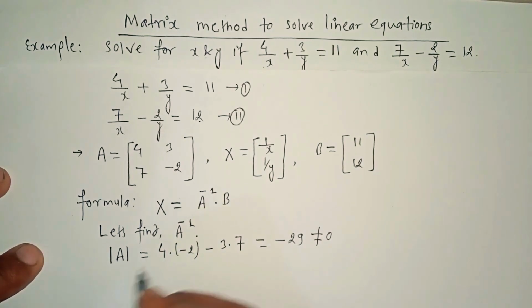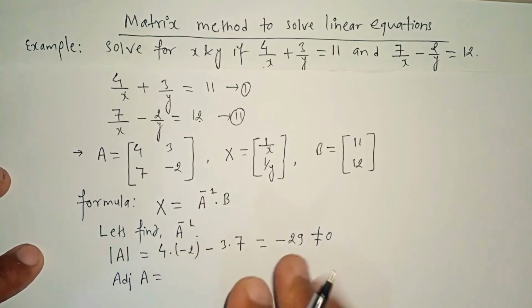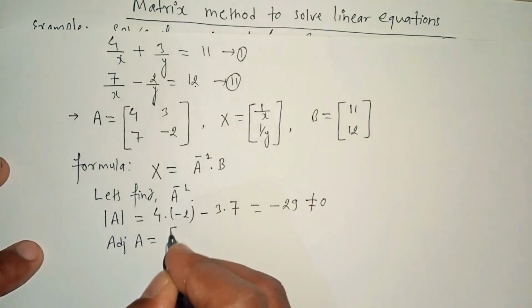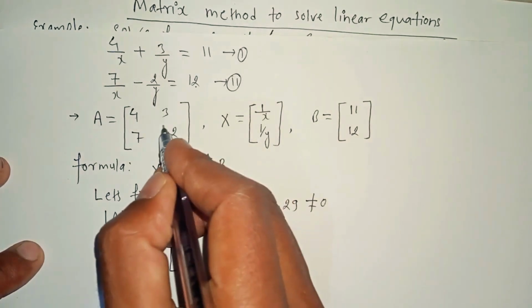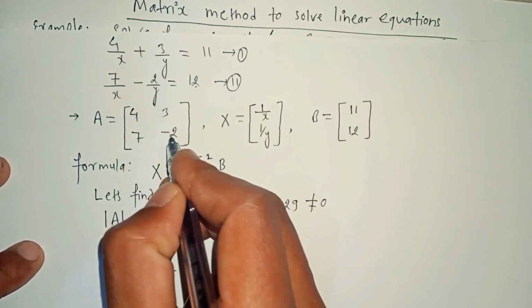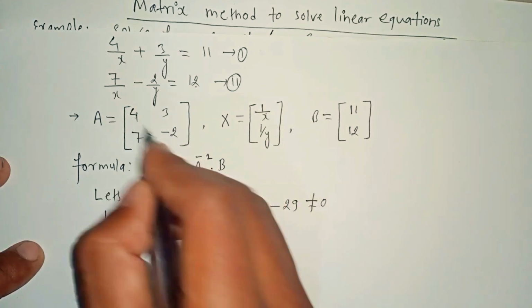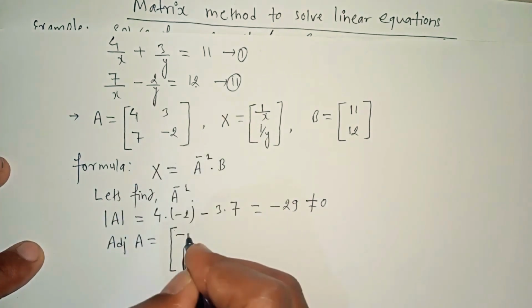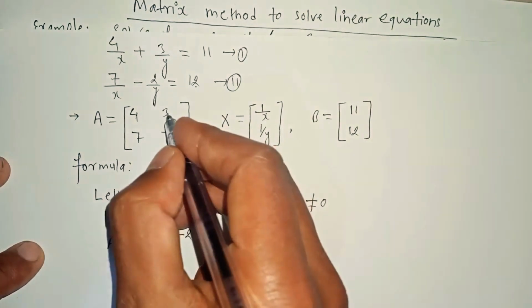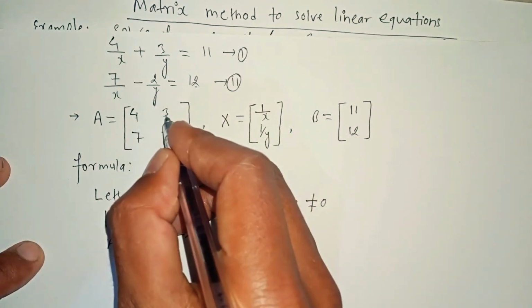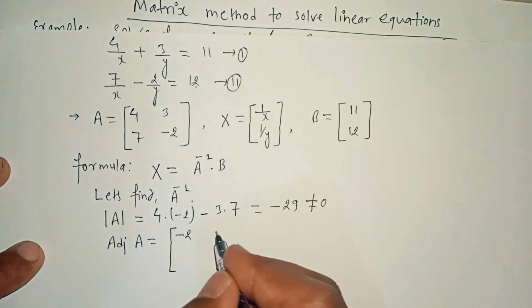For A inverse, we need the adjoint of the matrix A also. The adjoint of the matrix A is calculated by interchanging the elements in the main diagonal. In place of 4, we put negative 2, and this negative 2 goes in the place of 4. The signs of the other two elements are changed.